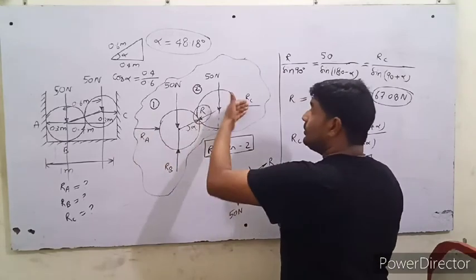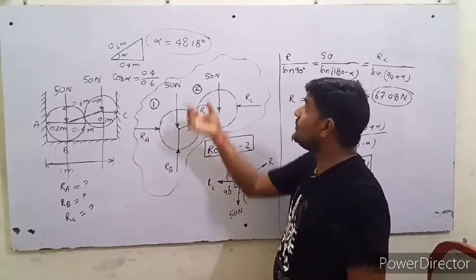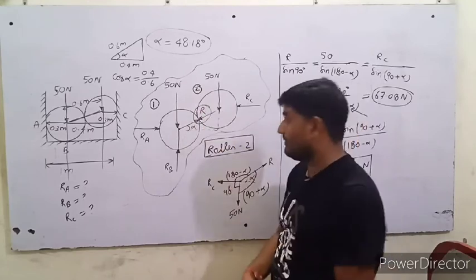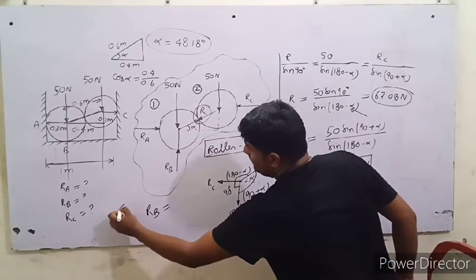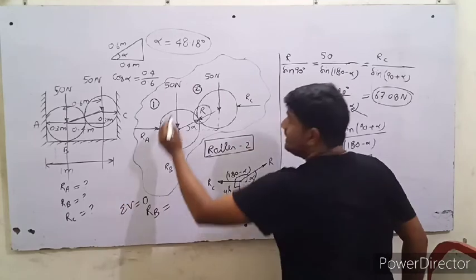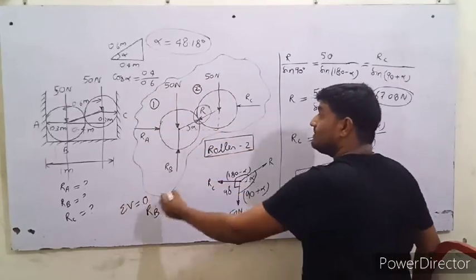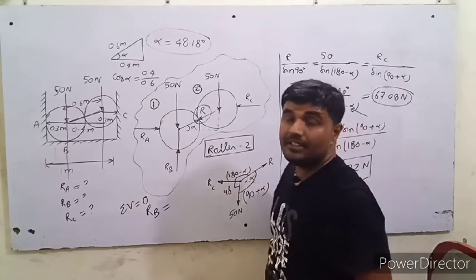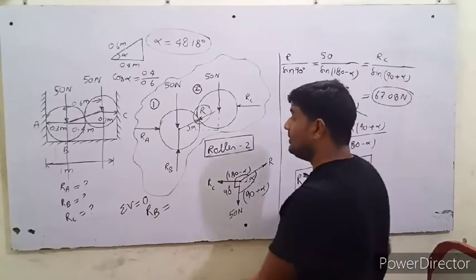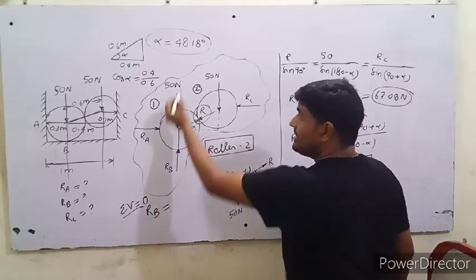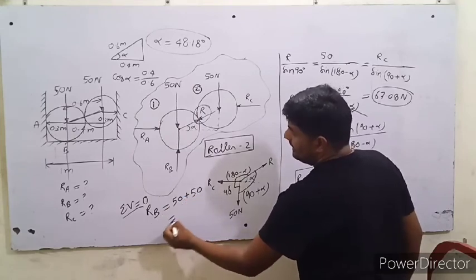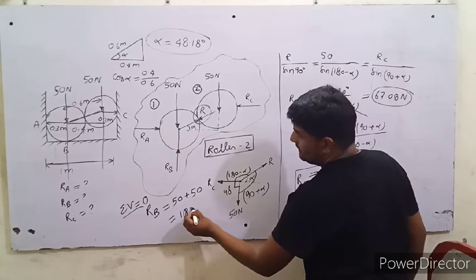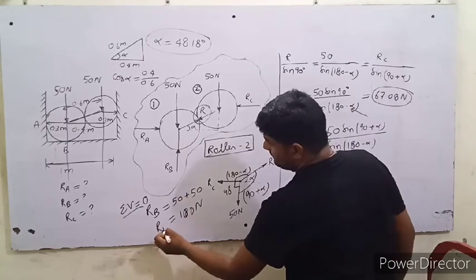Then RA will equal RC and RB will equal the algebraic sum of 50 plus 50. RB will come out to be, if I consider the whole system in equilibrium, then sum of vertical zero means RB equal to 50 plus 50, that is equal to 100 Newton.